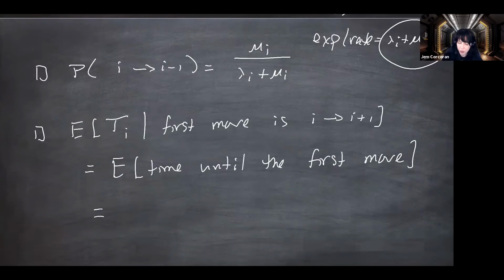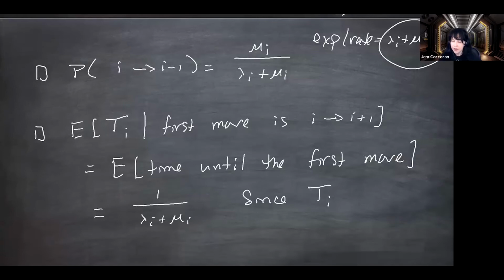But this is going to be 1 over lambda_i plus mu_i, because T_i has packed into it starting at i and going up by 1. It kind of feels like I should be writing some sort of conditional notation here. But T_i is exponential with rate lambda_i plus mu_i.